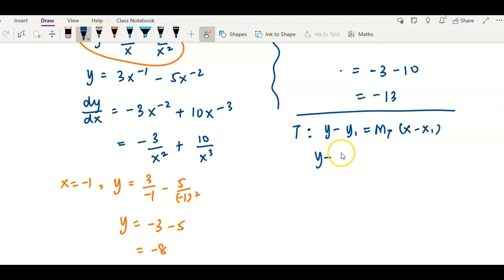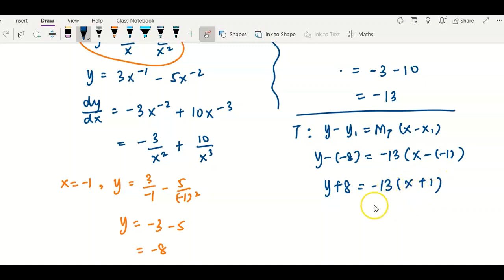Now we come back to here. Substitute y1 as negative 8, m_t as negative 13, and minus x1, which is negative 1. You get y plus 8 equals negative 13 times x plus 1.